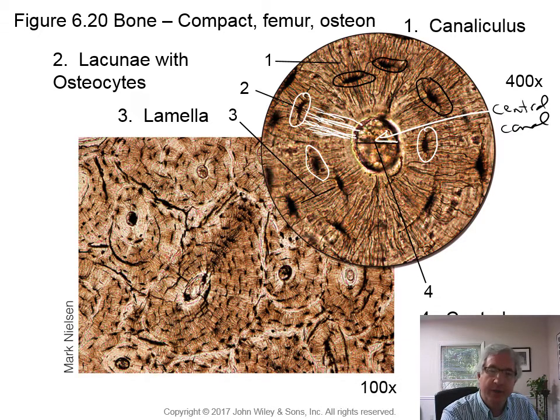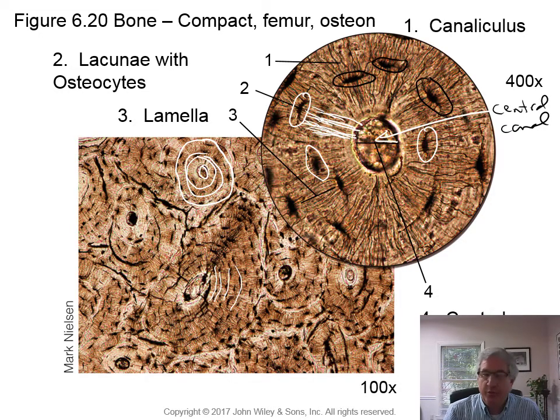And so here's another osteon. I'll circle this part of it. So there's your osteon there. There's the central canal, and you've got layers coming around here and around there. So you can see the layers. You can see it better in this one. Each of these layers is referred to as a lamella.